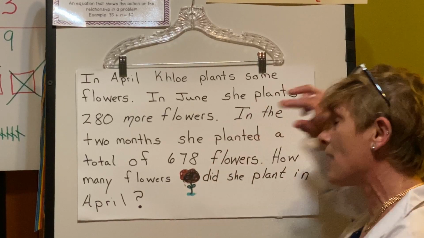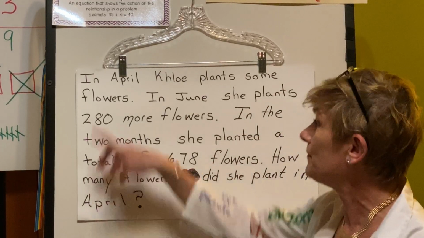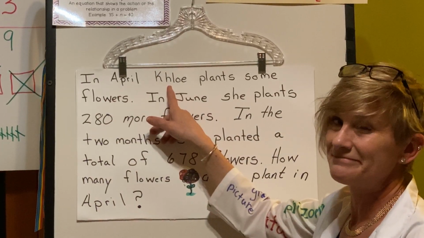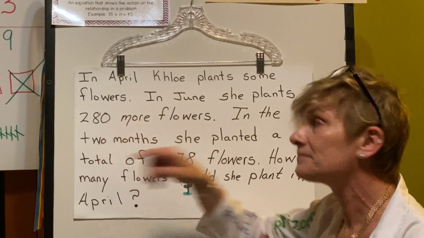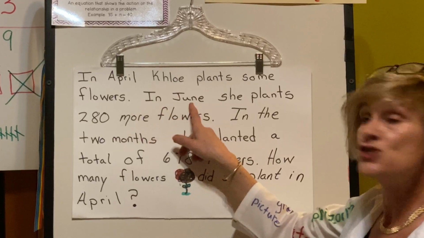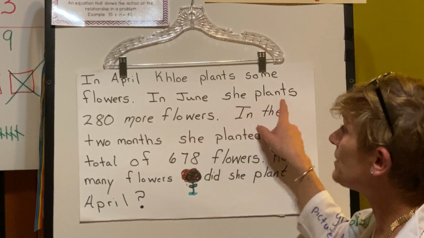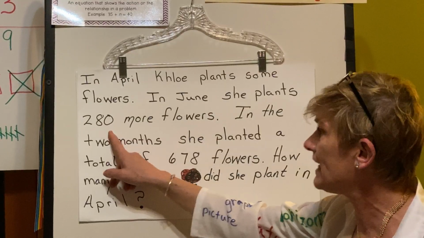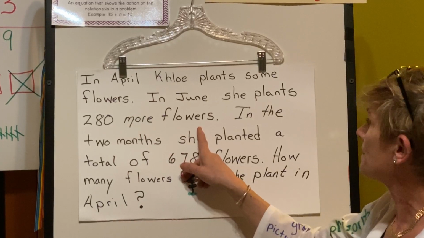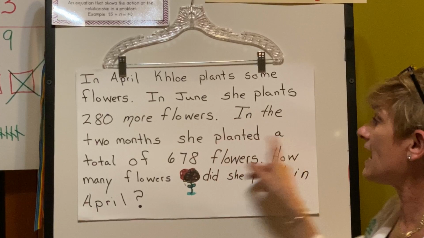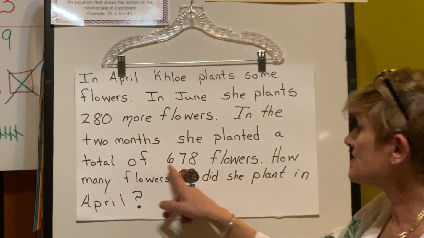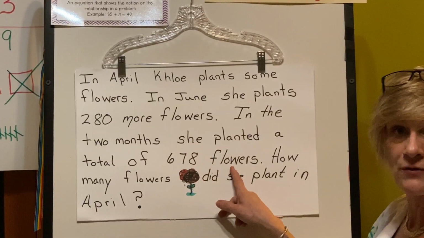Let's look at this story problem. In April, Chloe plants some flowers. In June, she plants 280 more flowers. In the 2 months, she planted a total of 678 flowers.